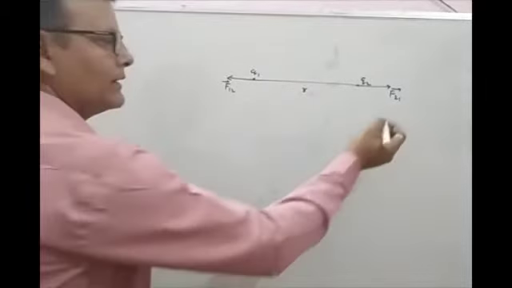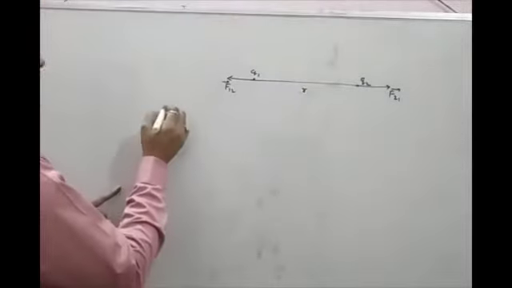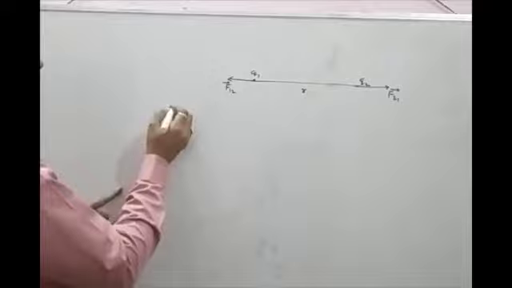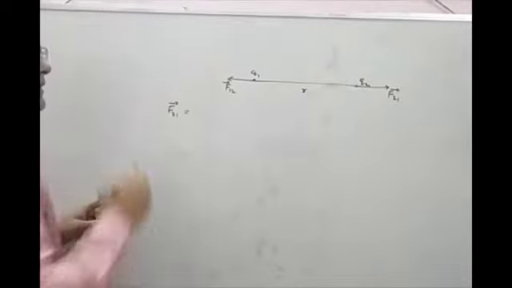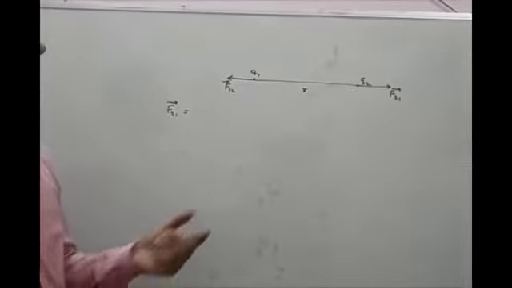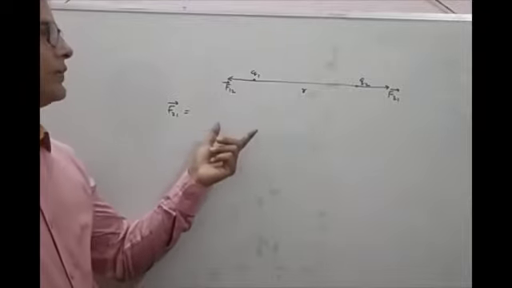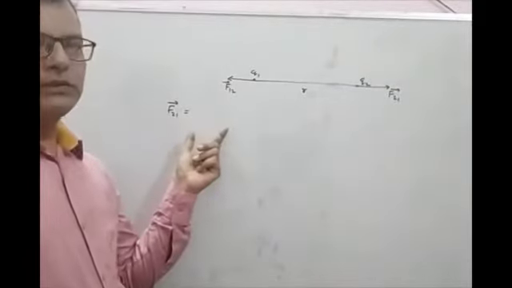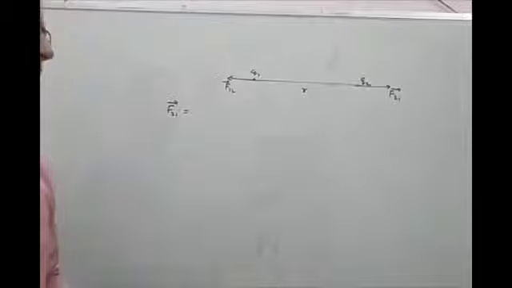Suppose you have to write the value of F21 vector in vector form, you have to write the magnitude of force and its direction.